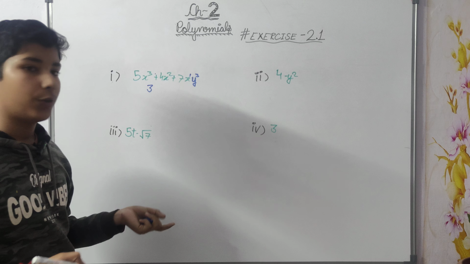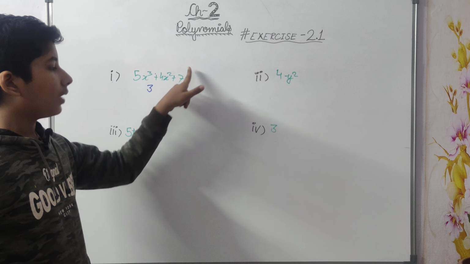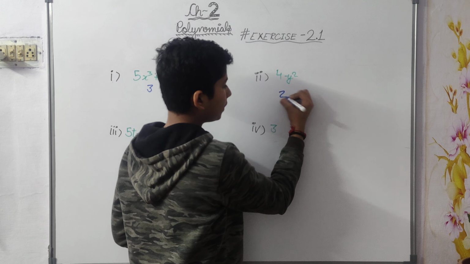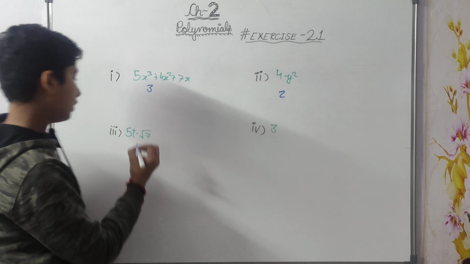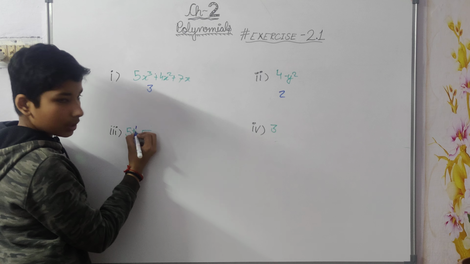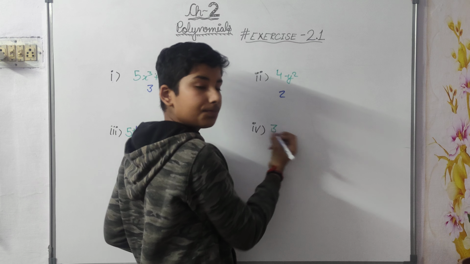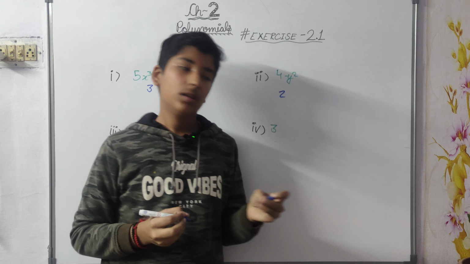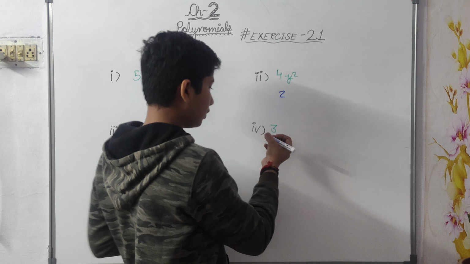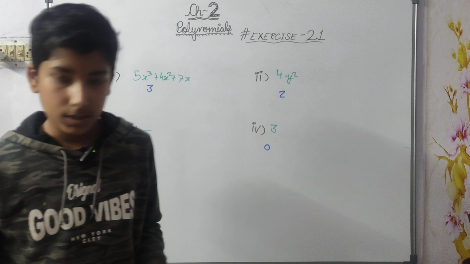So degree will be 4. But there is no y variable over here, so only 3 will be our degree. In this one, 2 will be the degree because 2 is the highest power. This one, 1 will be the degree because there is no power, so it would always be 1. Now, there is no variable over here, so the power will be 0 if there is no variable.